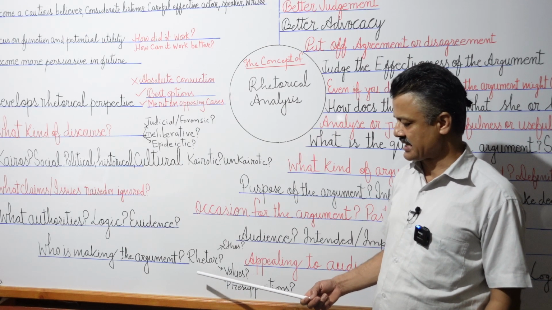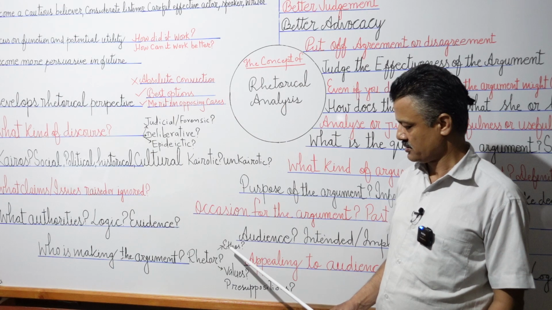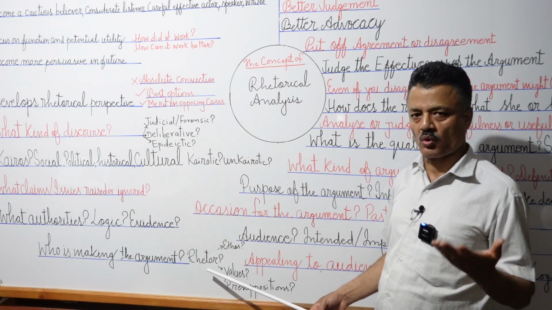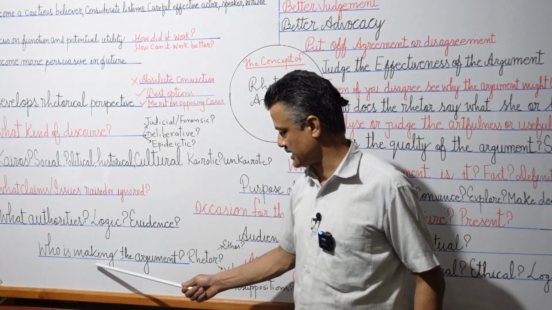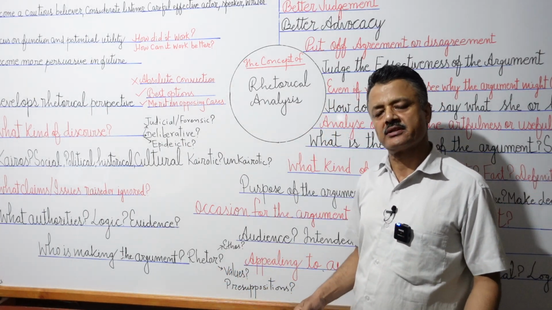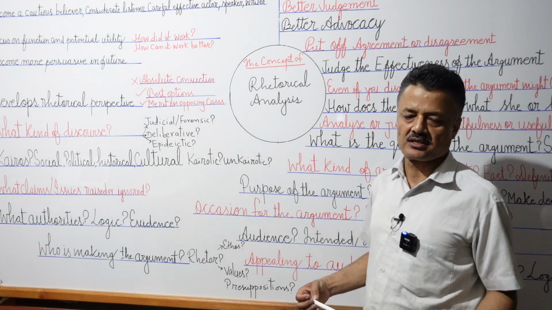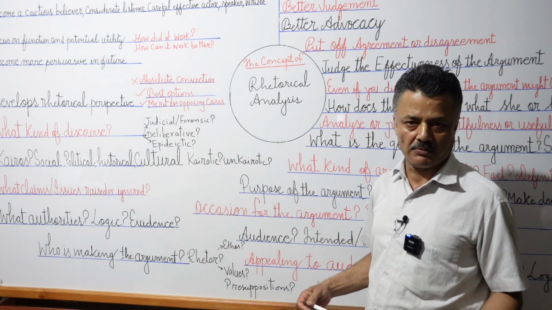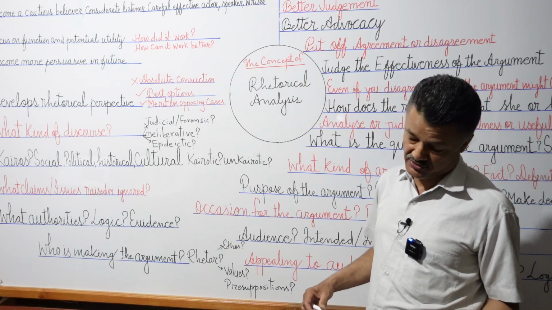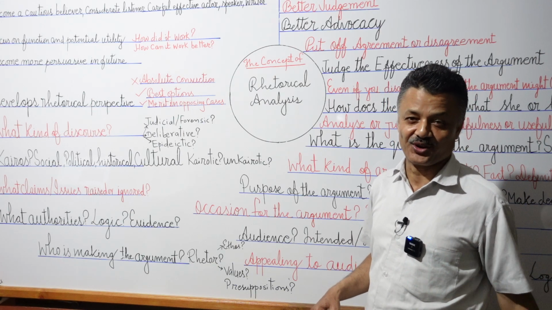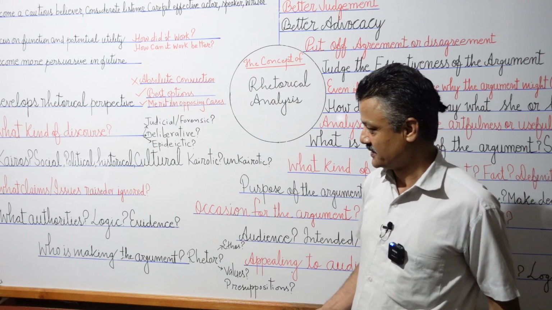What is the writer's character, ethos? What is his designation? What is his education, learning, position? Who is making the argument. When we read a speech delivered by Barack Obama, we definitely have one sort of feeling than a speech delivered by our politicians, for example.